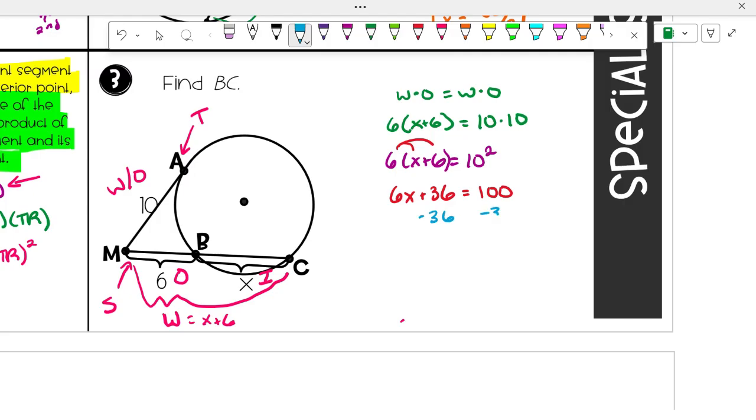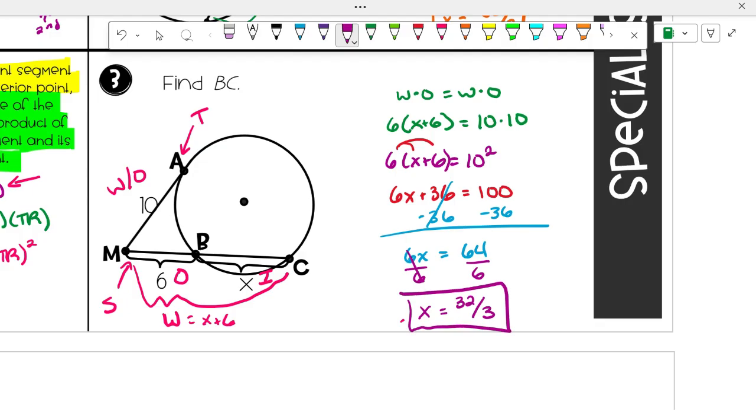Subtract 36 from both sides. I get 6x is equal to 64. Then I divide by 6. Again, 6 does not go into 64 nicely, so we're just going to simplify it down, which should be 32 over 3, I think, right? So that would be our answer.